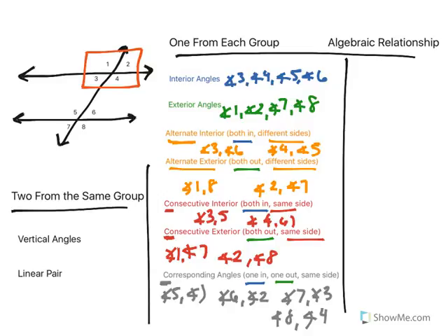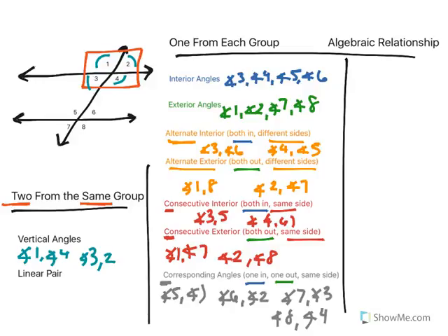If we are comparing two angles from the same group, we can either classify them as vertical angles or a linear pair. So examples of vertical angles from the same group are 1 and 4 and 3 and 2. You know what vertical angles are. 1 and 4 or 3 and 2.